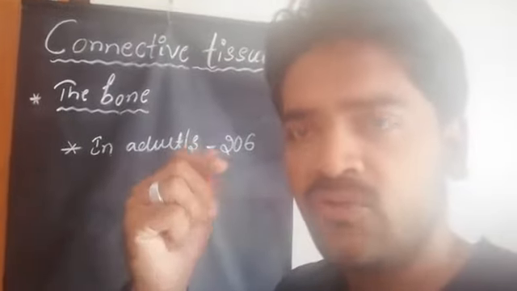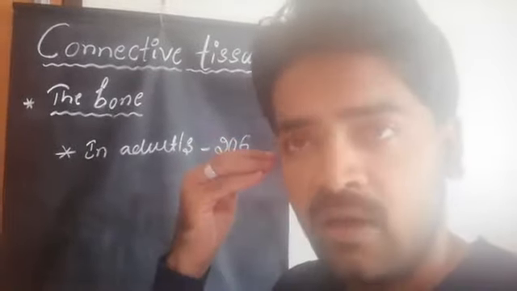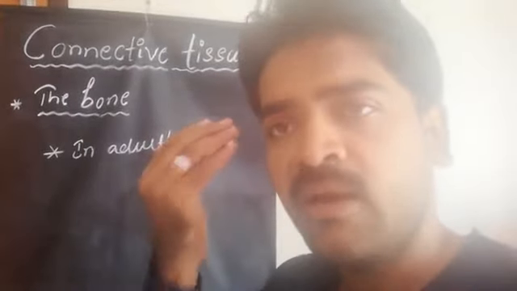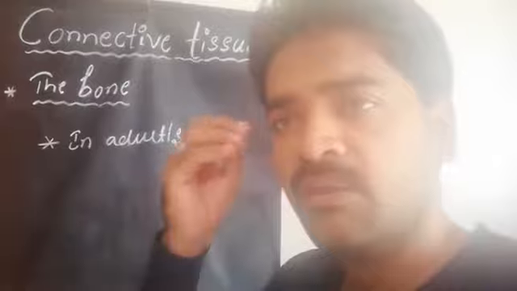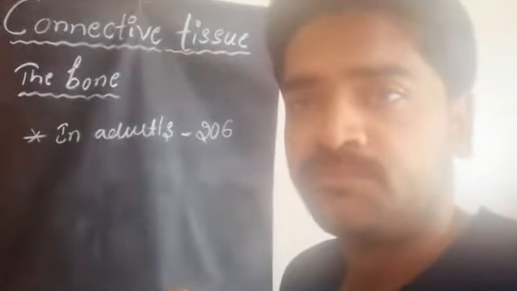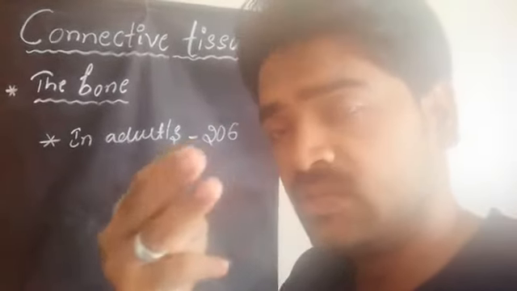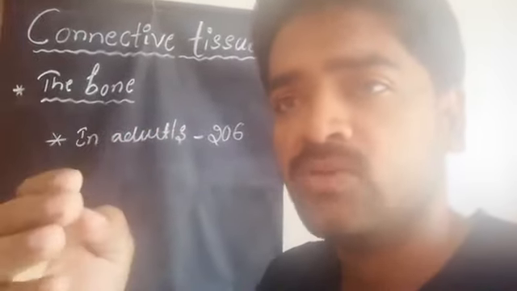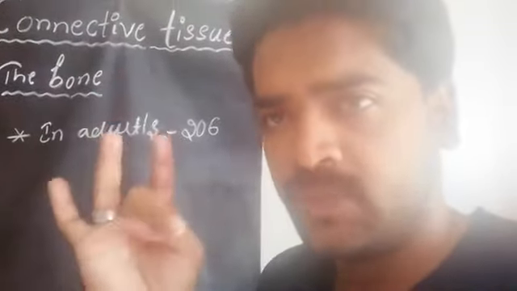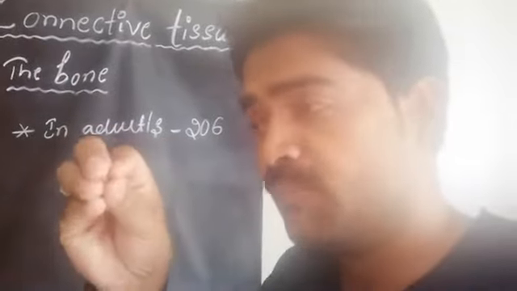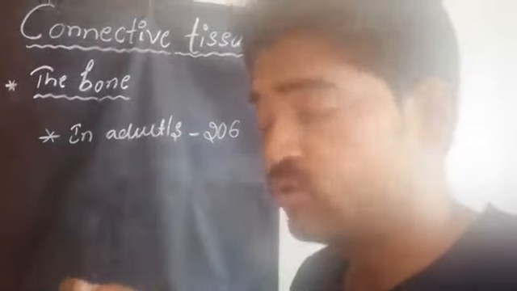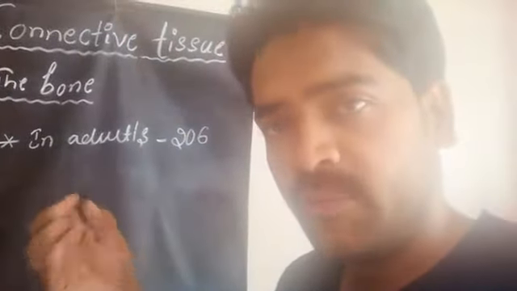In the ear, we divide the ear into three different parts: the outer ear, middle ear, and the inner ear. In the middle ear we can see a series of three bones: malleus, incus, and stapes. They are serially joined, arranged by nature itself.